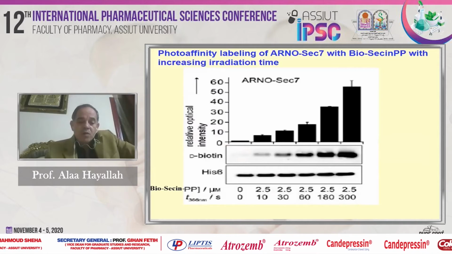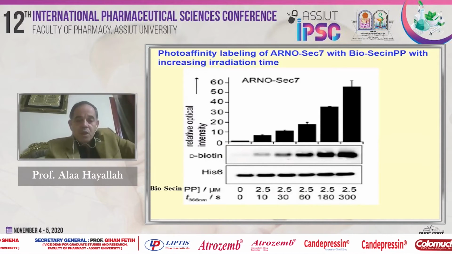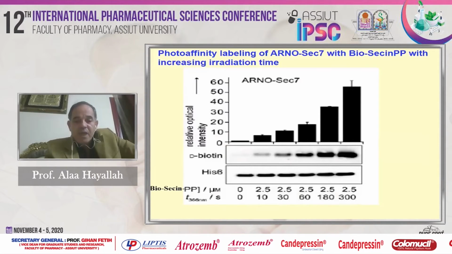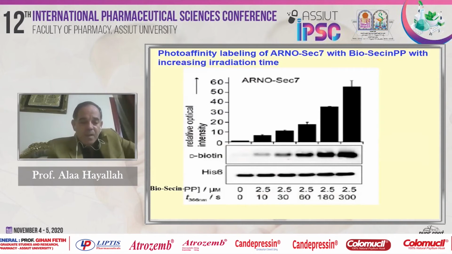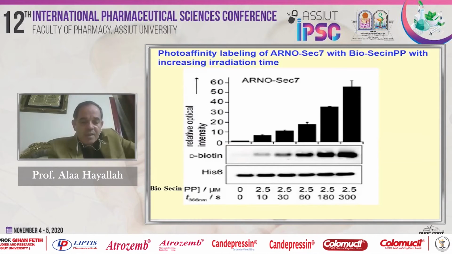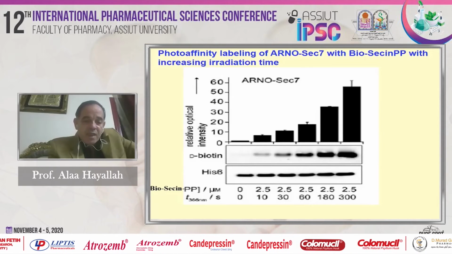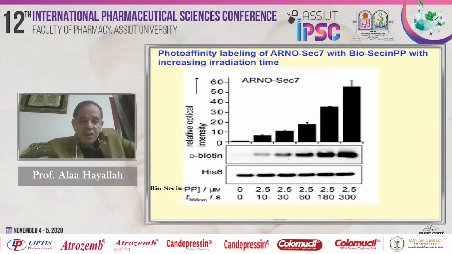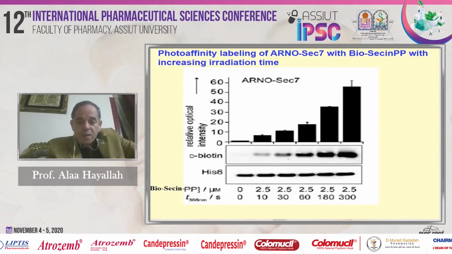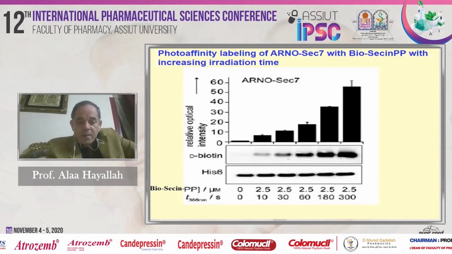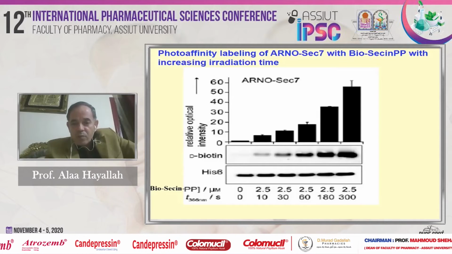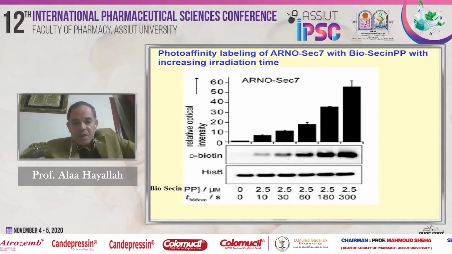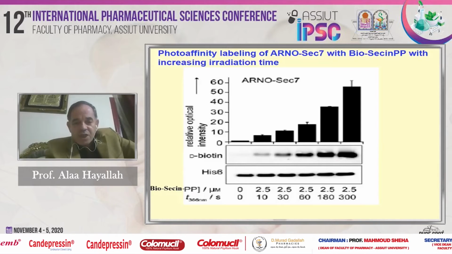So after that, we applied our compound biocysteine PP to the ARNO Sec7 domain, specifically after irradiation. As you see, D biotin and his sex, and this is the relative optical intensity of the ARNO Sec7 domain. The labeling of the ARNO Sec7 domain with biocysteine PP increased with irradiation time.